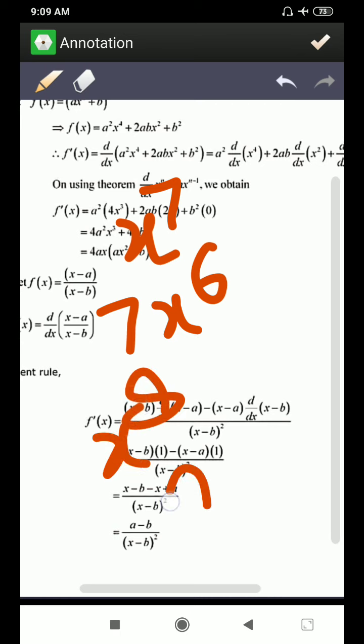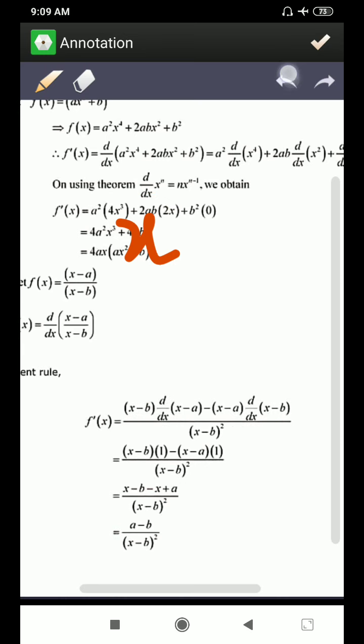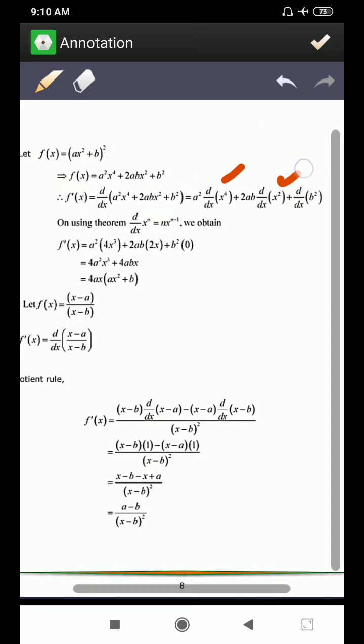It will be 8x^7. Reduce power by 1. So directly we are using it. So derivative of x^4 is 4x cubed, derivative of x square is 2x, and this is a constant. Mind it, derivative of a constant, as I explained, is equal to 0. In this way, we'll have the answer of this question also.